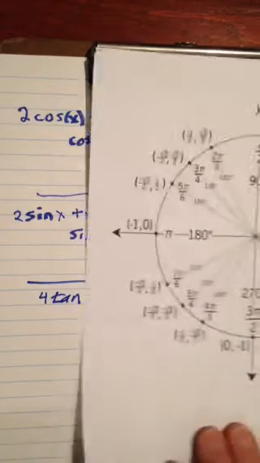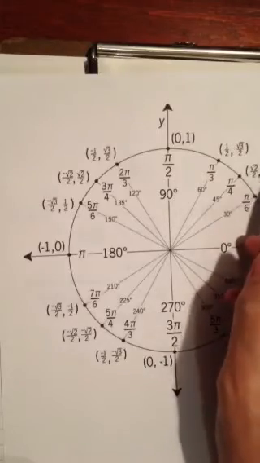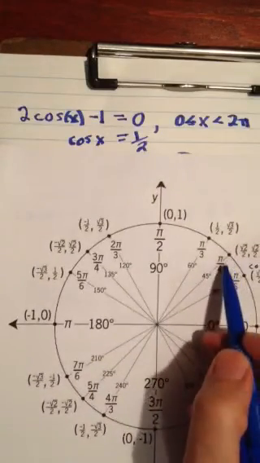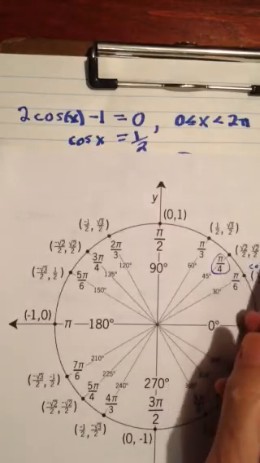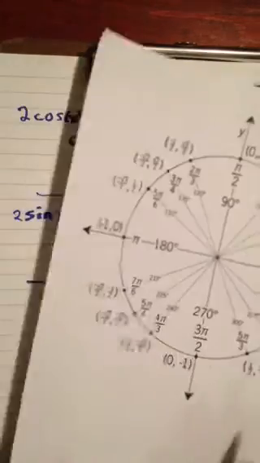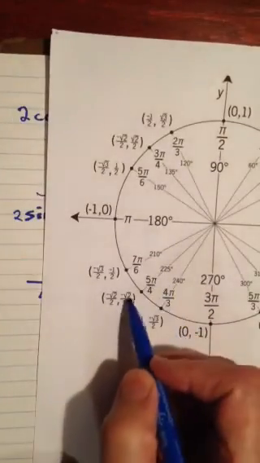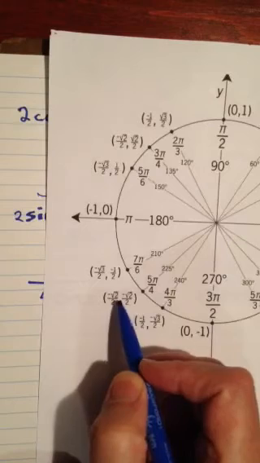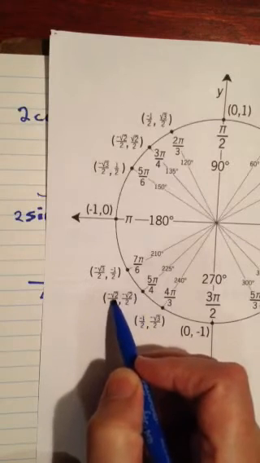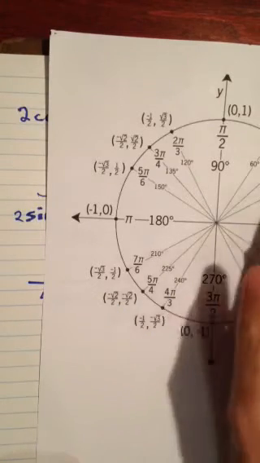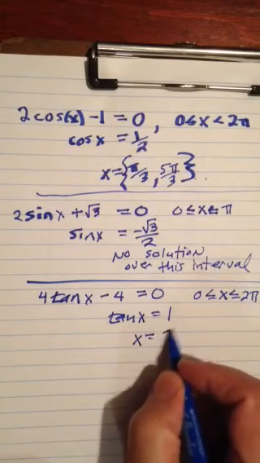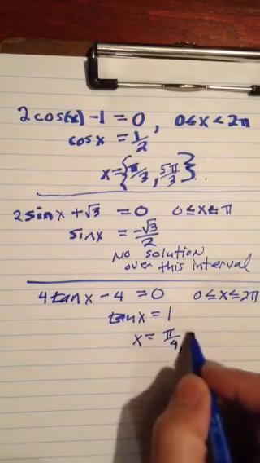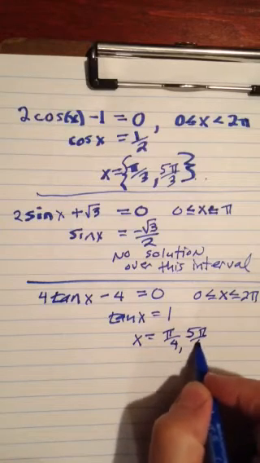Here's one place where it equals 1, at pi fourths. Another place where it equals 1 is down here at 5 pi fourths, because at 5 pi fourths the two numbers are identical, and when we divide the sine by the cosine, we get a value of 1 there also. So pi fourths and 5 pi fourths.